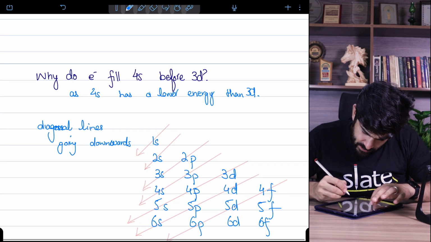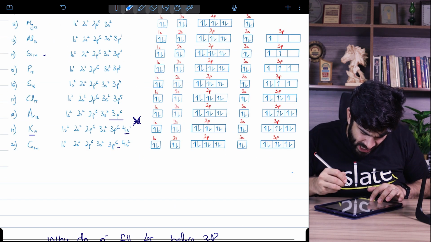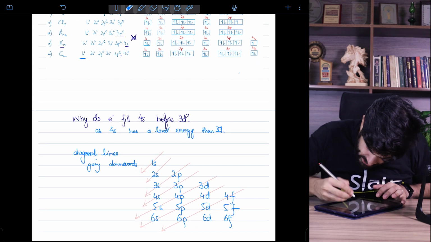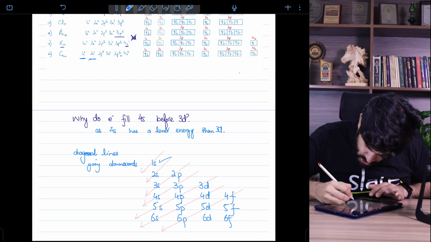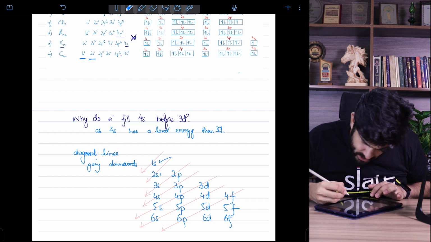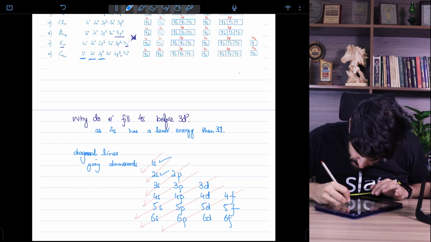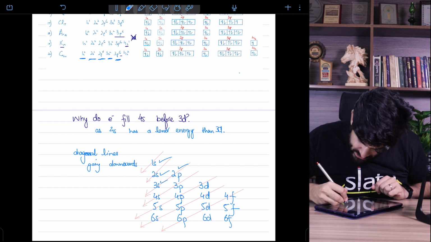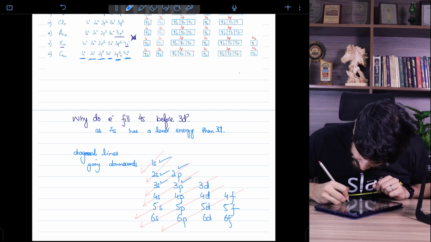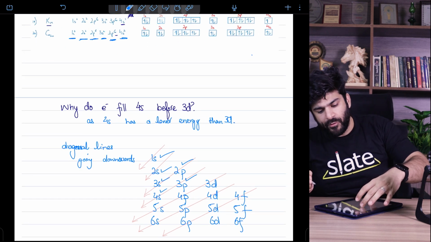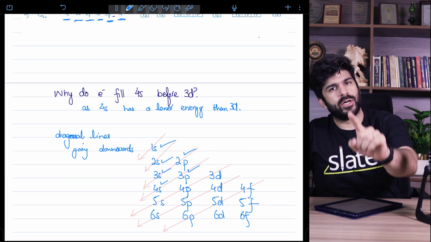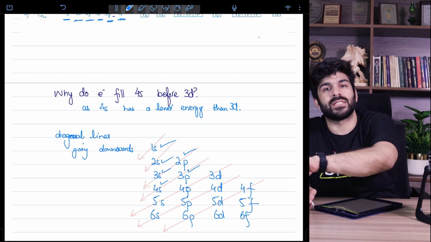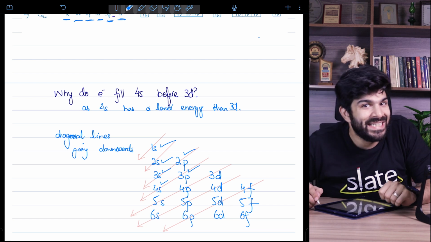So look at this. If we were talking about calcium, let's compare: 1s2, 2s2, 2p6, 3s2, 3p6, then 4s. After 4s, we have the turn for 3d. It is after 4s that we jump towards 3d.